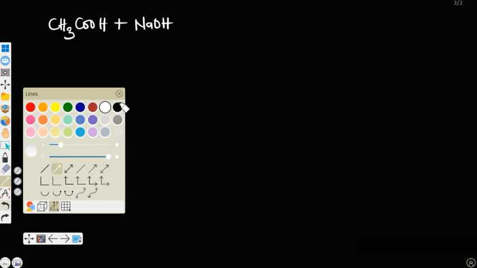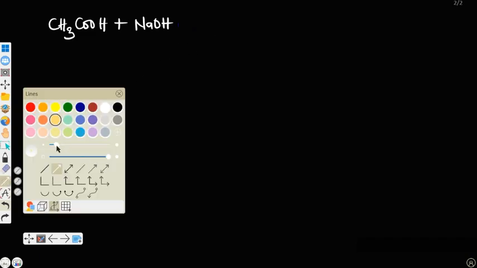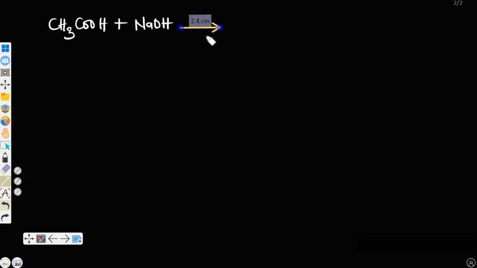Now, if you write the balanced equation, this reacts with this to give sodium ethanoate plus water.